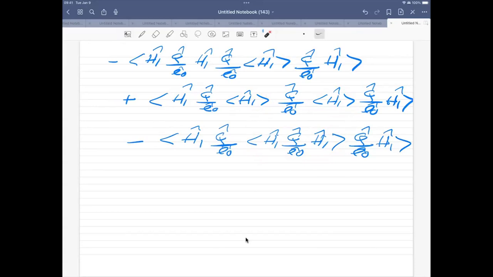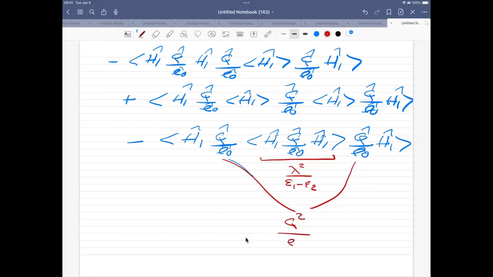And if I look at these contributions here, if you think of this as second order perturbation theory, there's going to be a lambda squared divided by epsilon 1 minus epsilon 2. If I take these two terms, this is actually Q0 divided by E0 squared, but Q squared is equal to Q. So this is the same as Q divided by E0 squared.